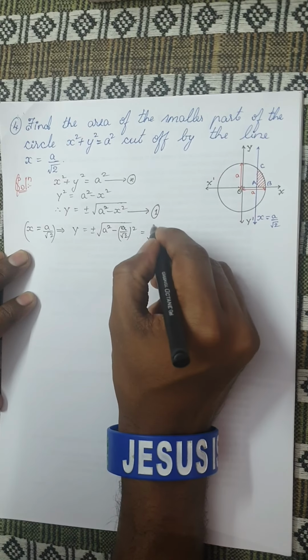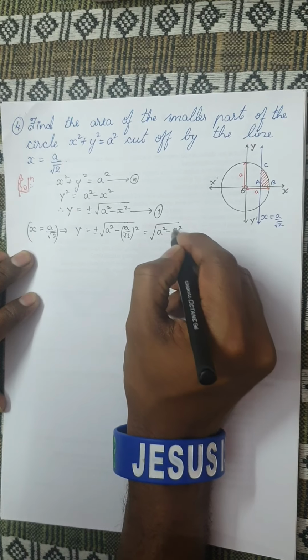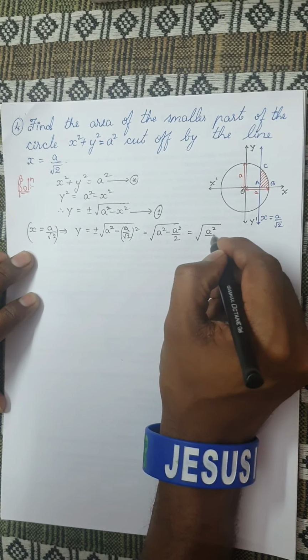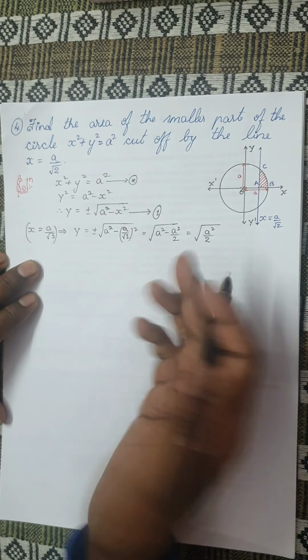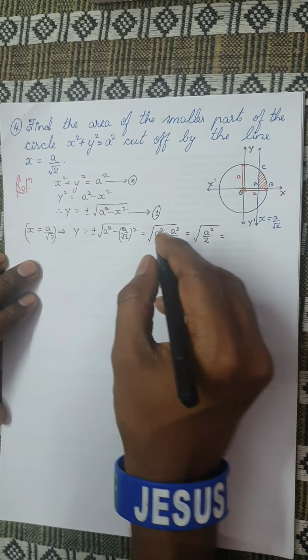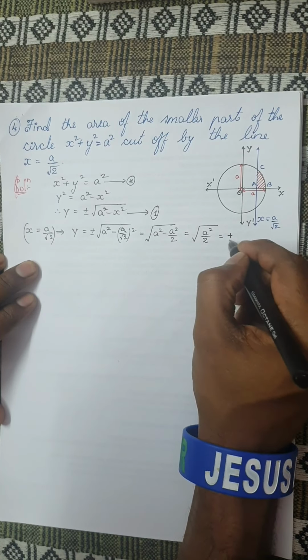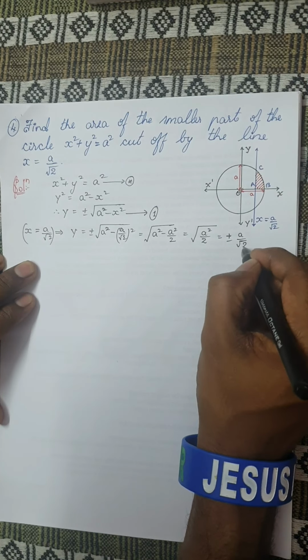So this is root of a square minus a square by 2. If you take a square common, it is 1 minus half, which is half, isn't it? Remember, it is plus or minus. So this would be plus or minus a divided by root 2.